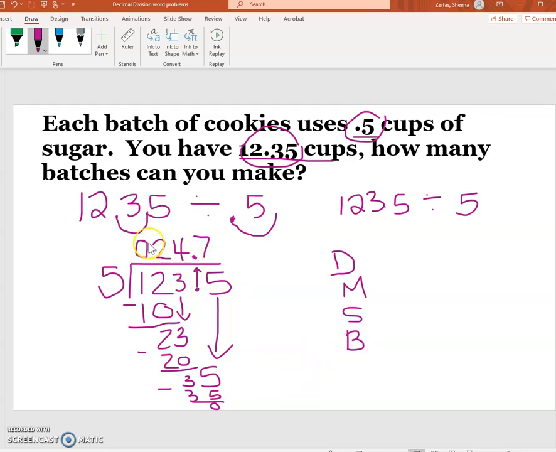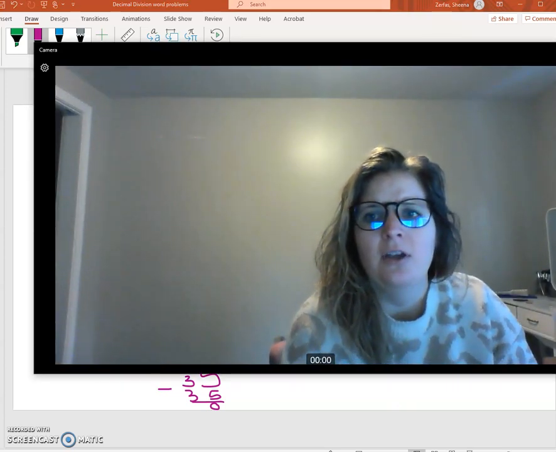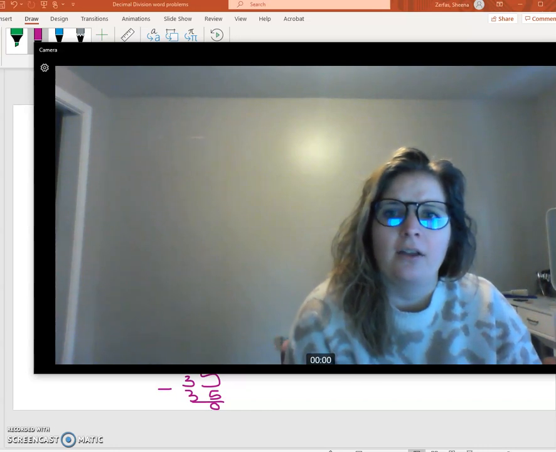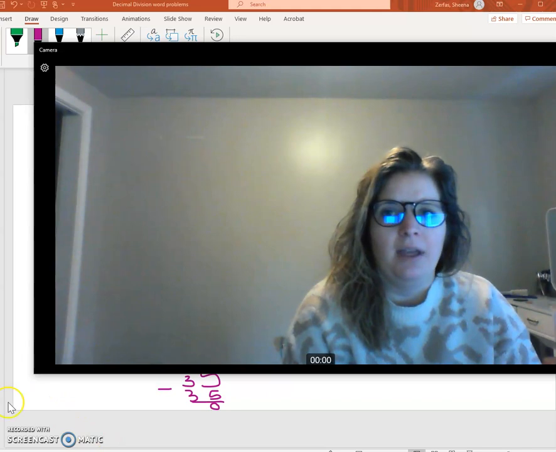As long as you keep this lined up with one number on top of each, the decimal just gets carried up. And so our answer here is 24 7/10. And I'll include the label here. We're talking batches. In this lesson, it takes a lot of reading comprehension, so read carefully, underline, circle, whatever is going to help you. Take your time and good luck.